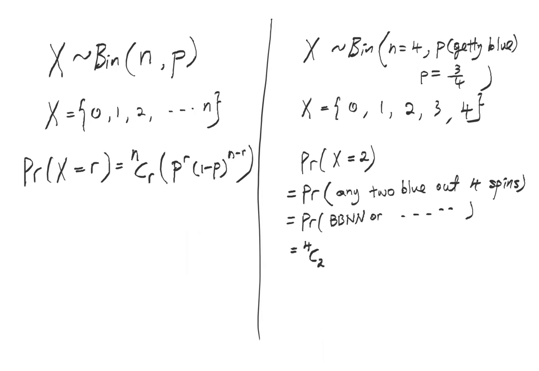Do you get me? Okay. And here, what is the p? 3/4 to the power of 2, and 1/4 to the power of 4 minus 2. Okay, use your calculator and count. 4C2 should be 6. Okay, use your scientific calculator or graphic calculator and count and give me the answer.